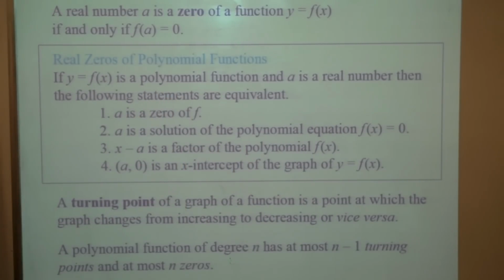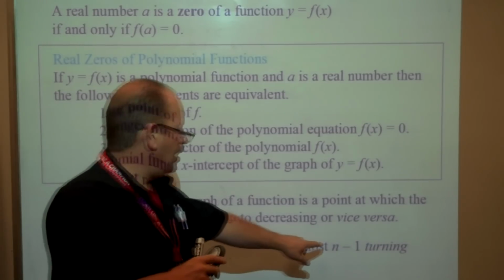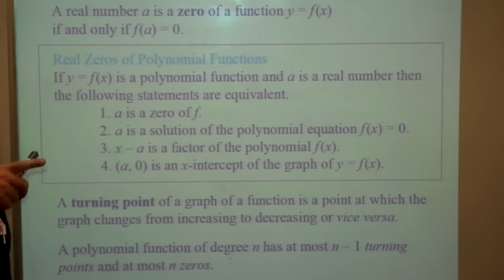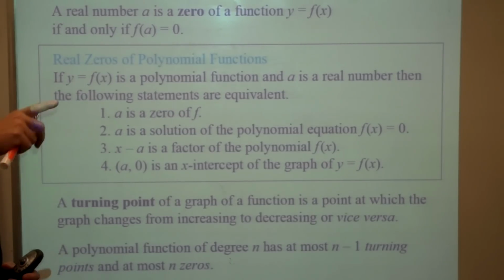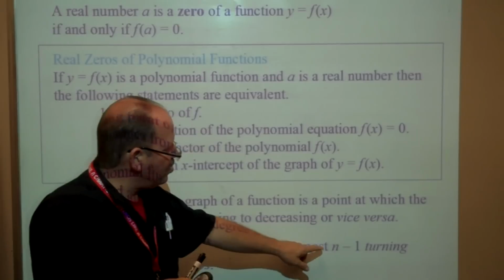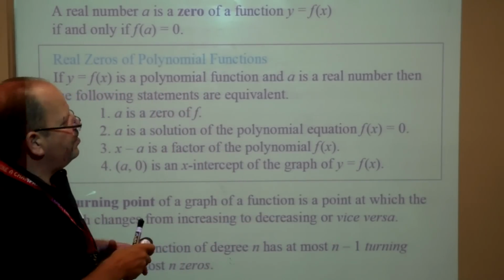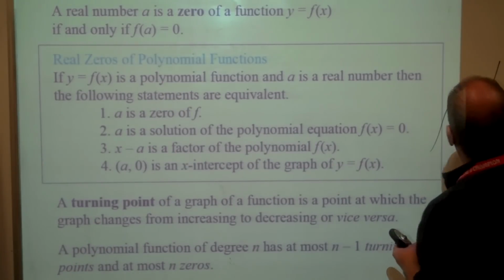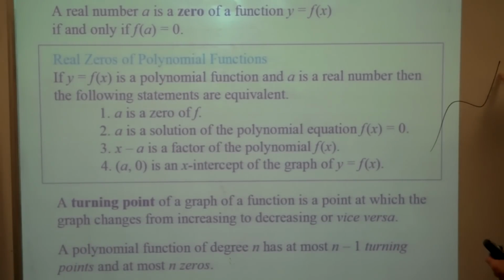Turning points of a graph. It's going to have at most n minus 1 turning points. So if it's x squared, it has one turning point, right? It's to the second power. It has n minus 1, 2 minus 1 turning points. If it's x cubed, it's going to have 3 minus 1 turning points.